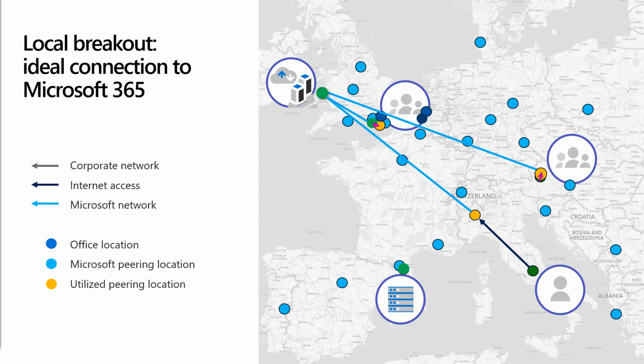You're spending a lot less time on a corporate network, a lot less time on the internet, and there's a lot less of a hairpin of the traffic. It goes to the Microsoft data center and directly to the peers in Austria and Italy, as opposed to having to go down to Barcelona to get to them. So this is what we're looking for: less latency, a more direct connection, and the majority of the traffic happening on the Microsoft network.